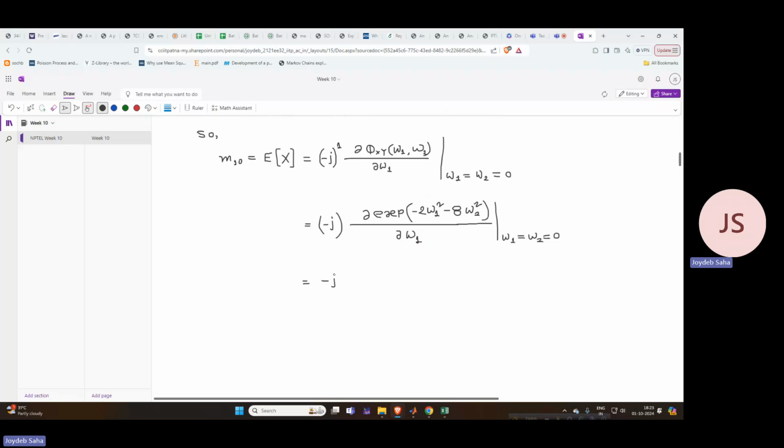So what will be the derivative? The derivative will simply be exponential of minus 2 omega 1 square minus 8 omega 2 square, multiplied with minus 4 omega 1, under the condition.